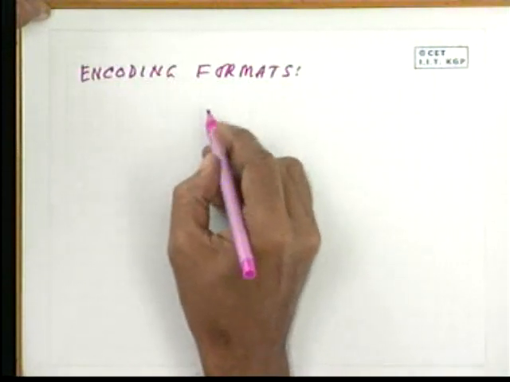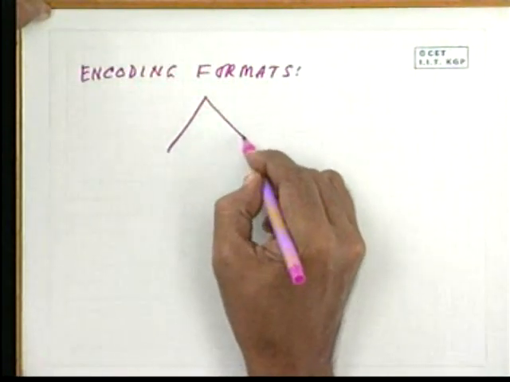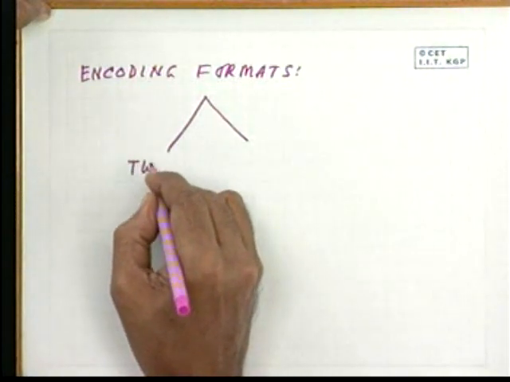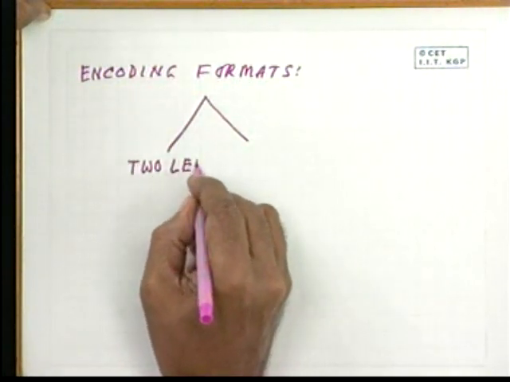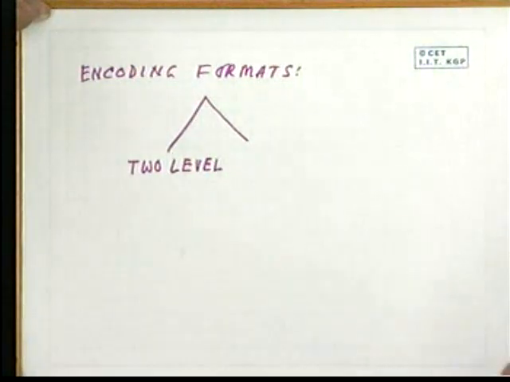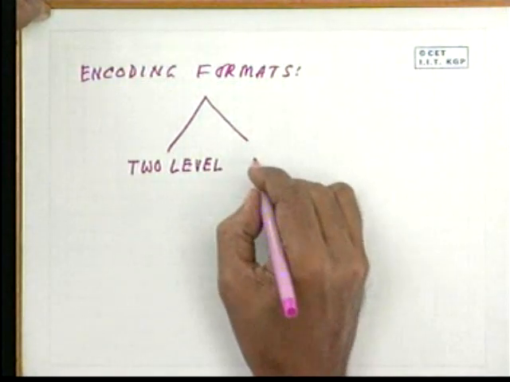Broadly, the encoding scheme can be of two types. First of all, you can have two possibilities: two level or multi-level.